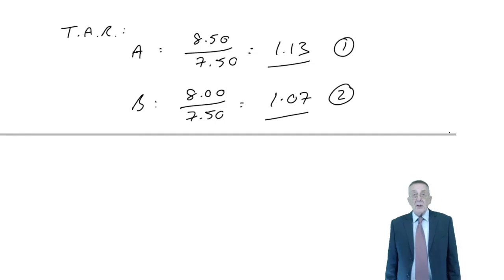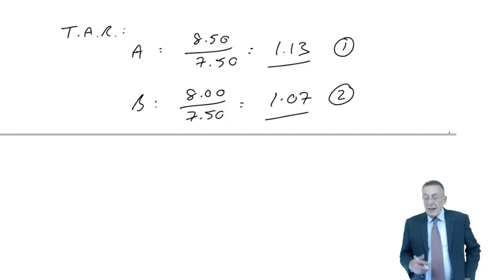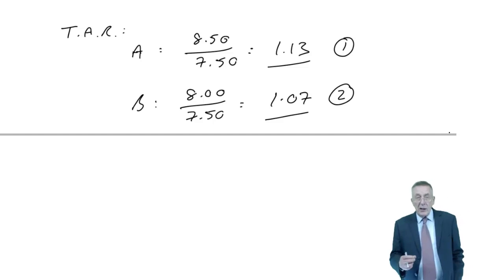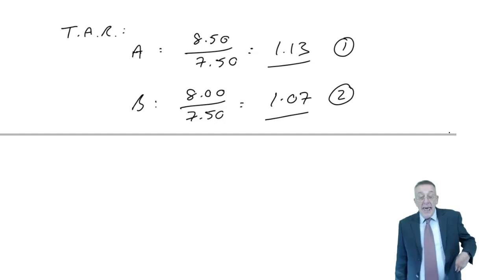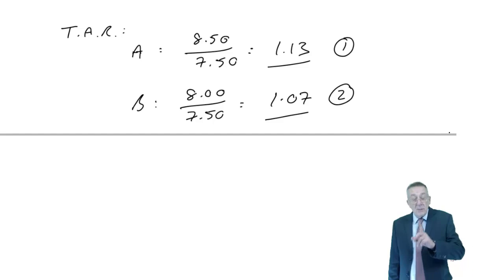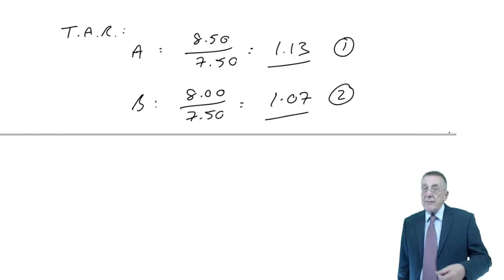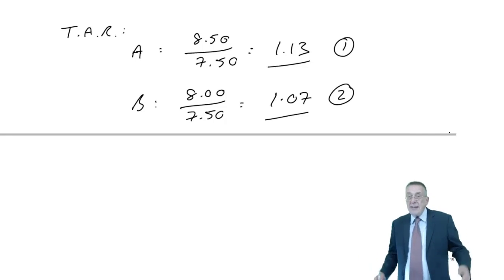More importantly, though, use of this is that you appreciate what's happening. It's costing us $7.50 an hour to run the factory. And therefore, surely, we should aim to make sure all our products give us more than $7.50 an hour. The more it gives, the better.